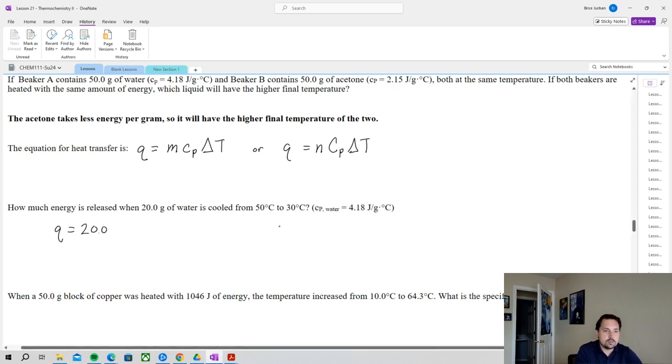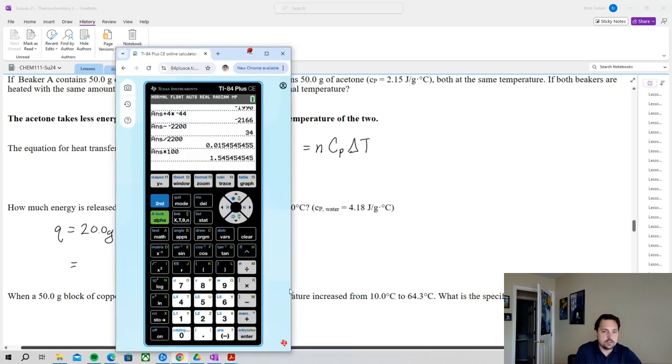The mass of the water is 20 grams. The specific heat is 4.18. And the change in temperature is negative 20 degrees. You can use these in Kelvin or Celsius. The change in 1 degree Celsius and 1 degree Kelvin are the same.